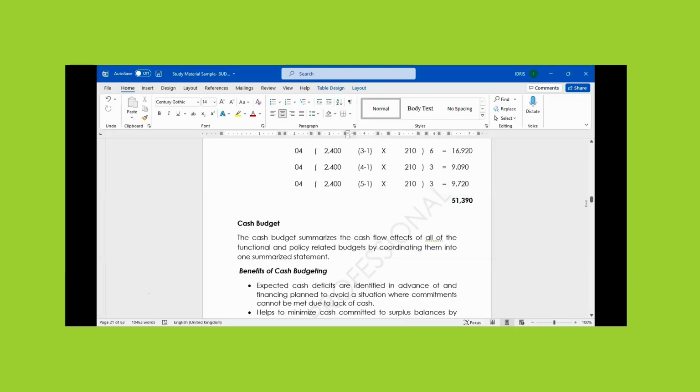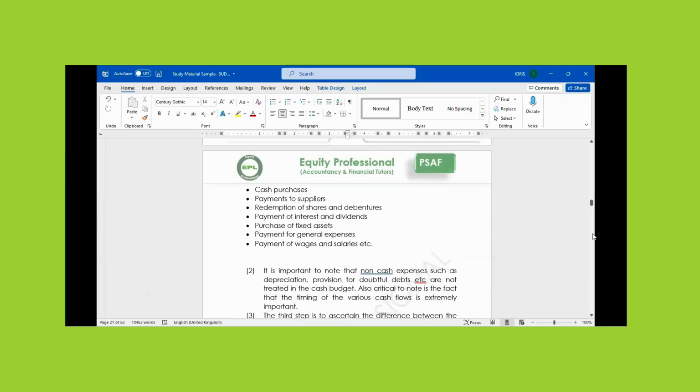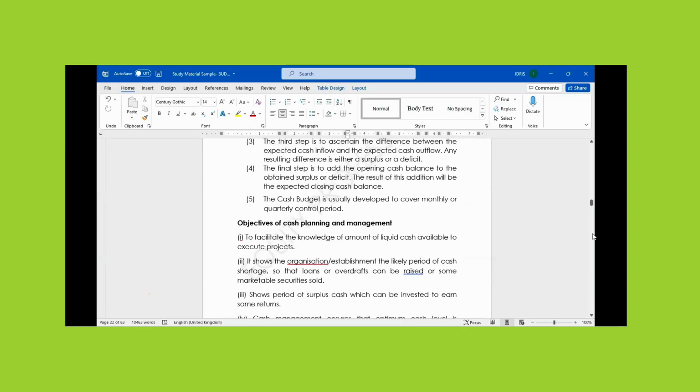So we use it to monitor our cash. We use it to plan our working capital. So under the cash budget, we need to understand the objective of cash planning and management.